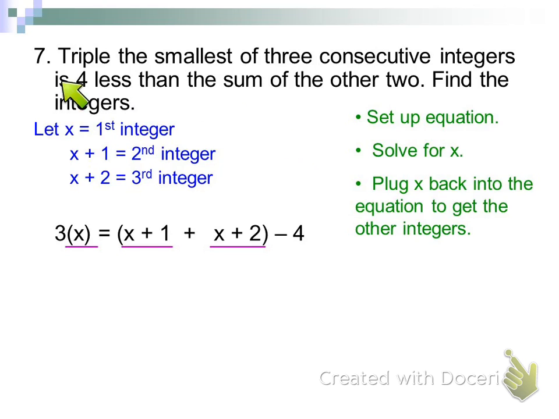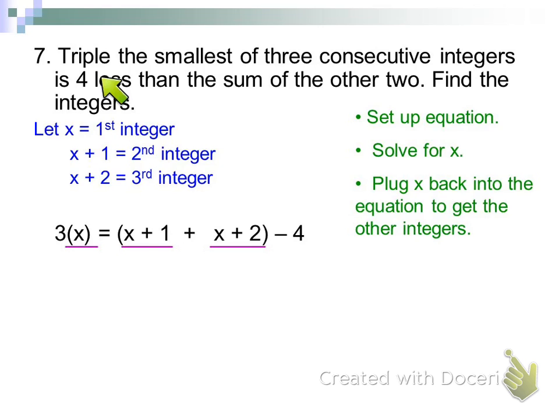All right, so triple the smallest integer is, I'm all the way to here in my sentence, 4 less than the sum of the other 2. 4 less than means we're going to subtract 4 on the end, and then we want the sum of the second and the third. That's where this part comes from. Does everyone see where all these pieces came from?